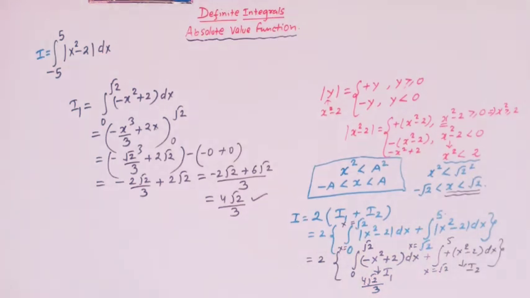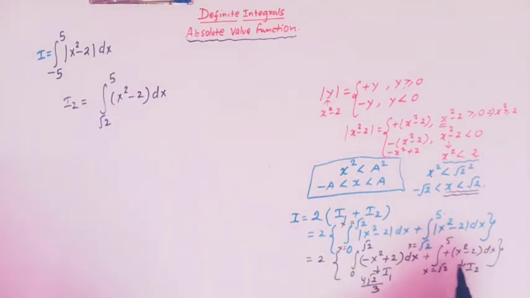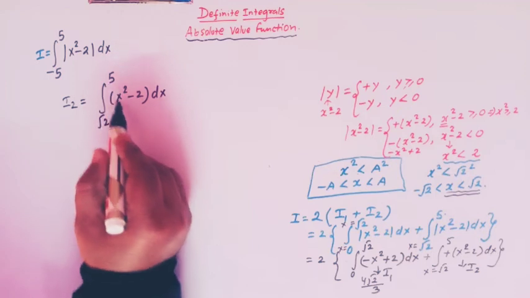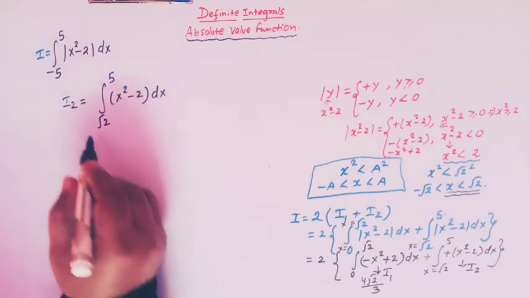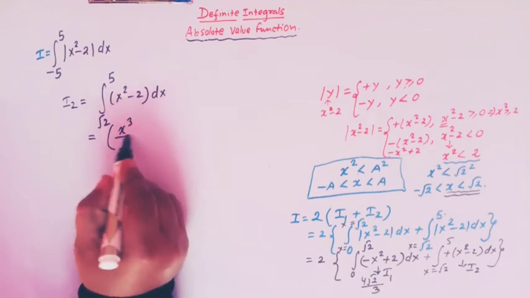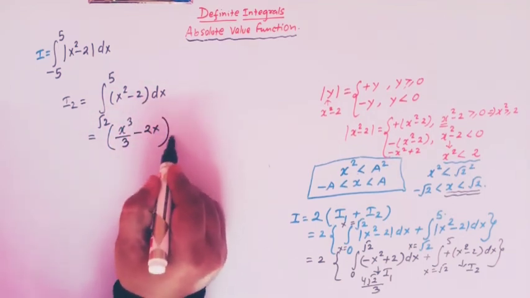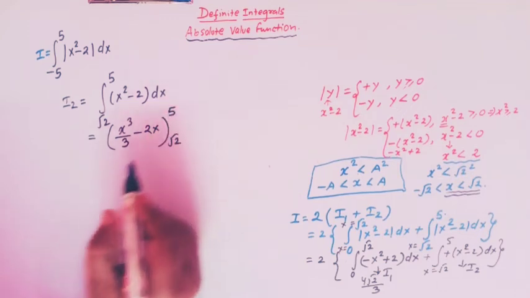Now let us solve the integral I2. Now I2 is given by the integral from root 2 to 5 of x square minus 2, and the integral of x square is x cube over 3, here we have 2x, and the limits are from root 2 to 5.